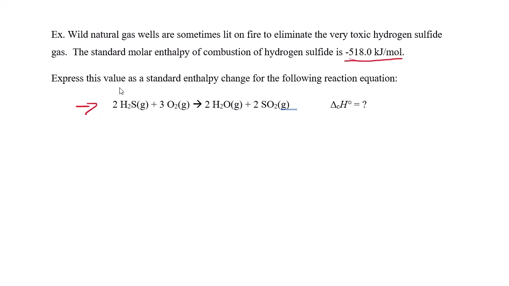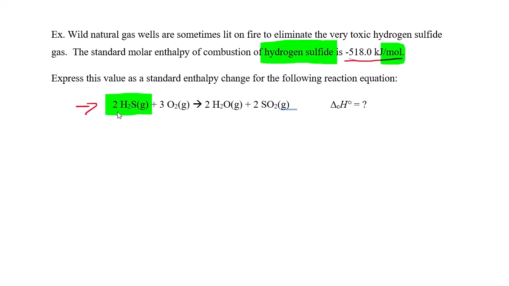So if we want to express that as a standard enthalpy change for the following reaction equation, how can we do that? Well, let's first identify what's the chemical that this is a molar enthalpy for. This is a molar enthalpy per mole of hydrogen sulfide. So for every mole of hydrogen sulfide I combust, I get 518 kilojoules of energy.